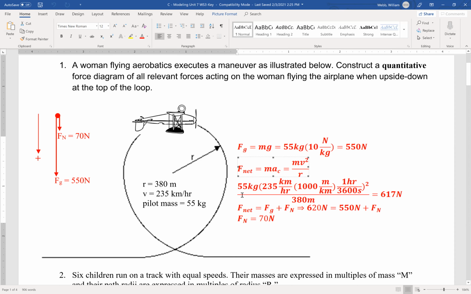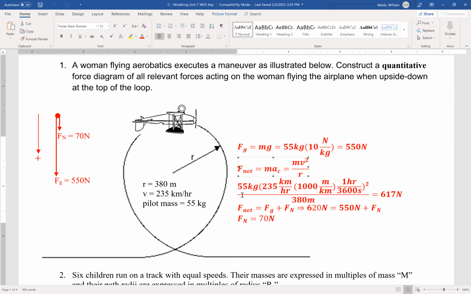We know the mass of the pilot, 55 kilograms. We do need to convert the speed of the plane from kilometers per hour to meters per second. Just like the previous problem we looked at in worksheet 2, if they give it to you in kilometers per hour, you need to convert it to meters per second because newtons is kilograms meters per second squared. So our units have to match.